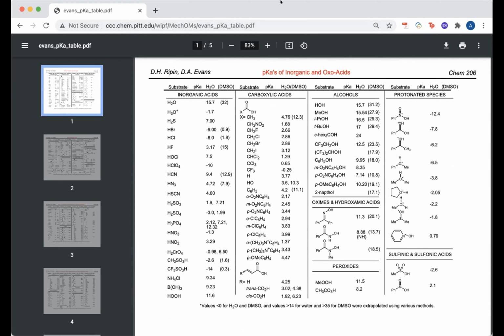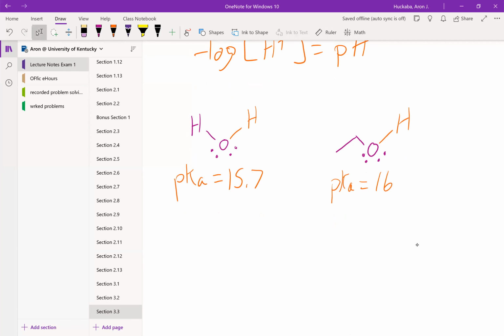Okay, so what we'll be doing a lot in this class is not just comparing the acidity of these two, looking at the values in the table. We'll be in future lectures figuring out how to actually qualitatively determine the pKa values of two chemicals and which of those protons in the two chemicals should be the most acidic. The reason why we do this is because there are so many types of chemicals and molecules that we can encounter in organic chemistry.